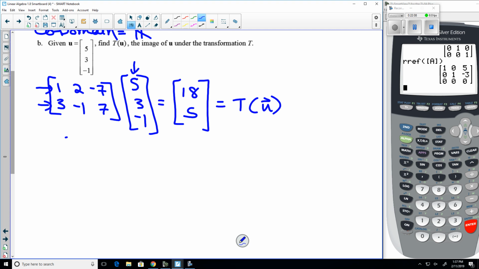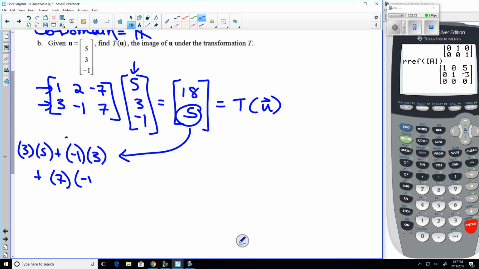Yes? So for the dot product, did you just multiply by the 3 on the second part, or did you use the -1? So this entry is 3 times 5 plus -1 times 3 plus 7 times -1.